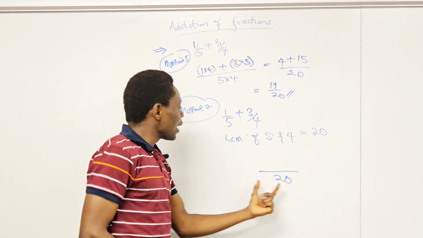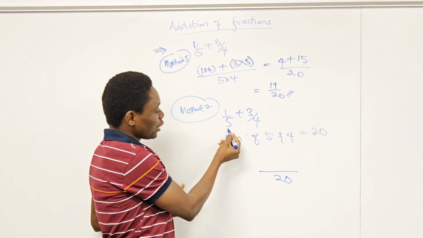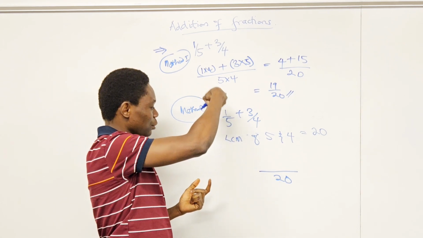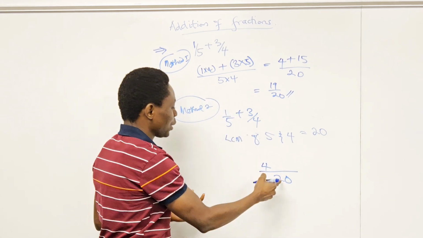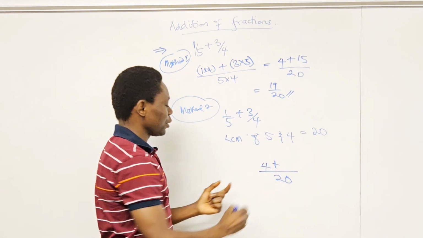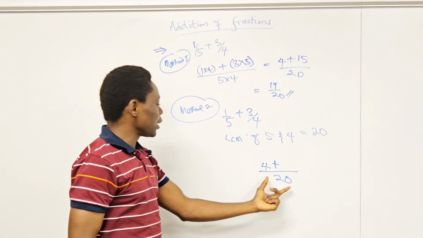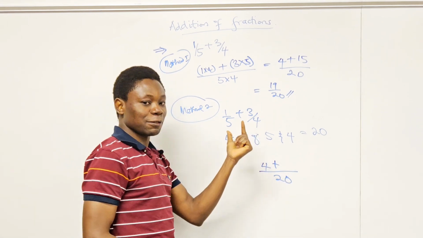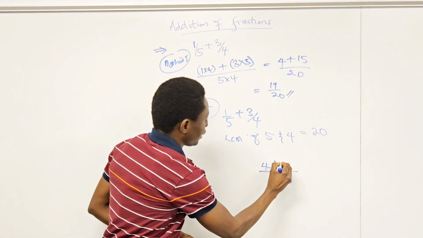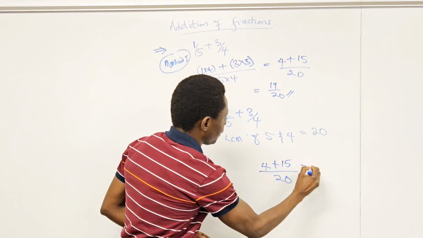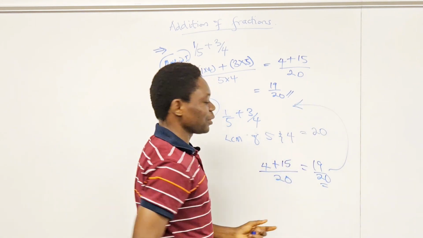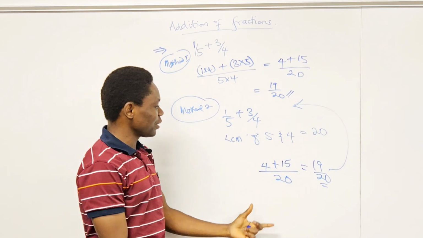So use 20, divide by the first denominator, which is 5, is 4, times its numerator, which is 1, which is 4, plus you do the same thing to the second fraction, which is 20 divided by 4, which is 5, times its numerator, which is 3. And that gives you 15, which is 19 over 20. So both give you the same result, right?